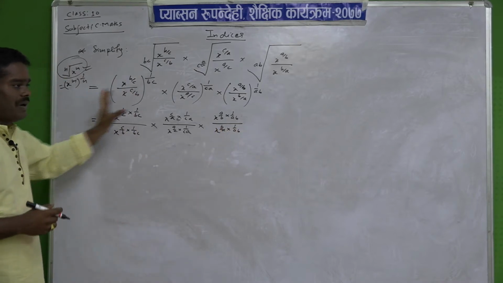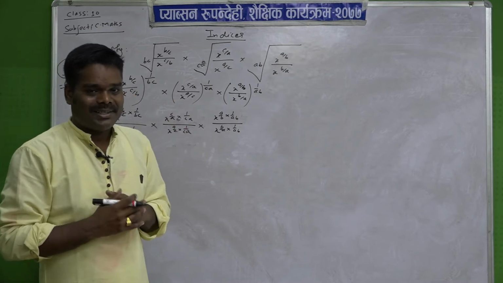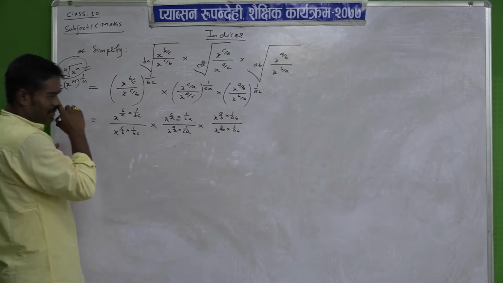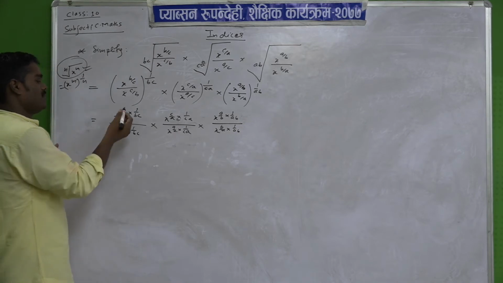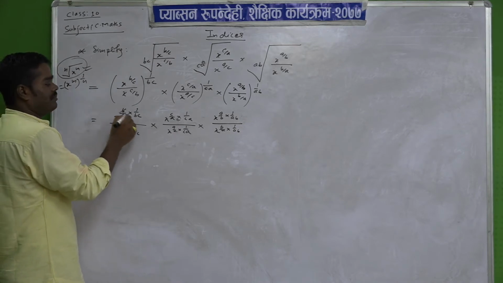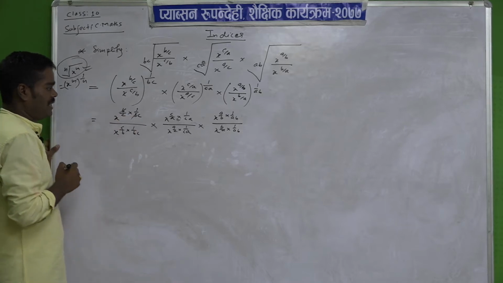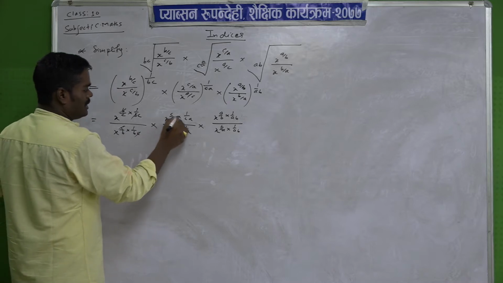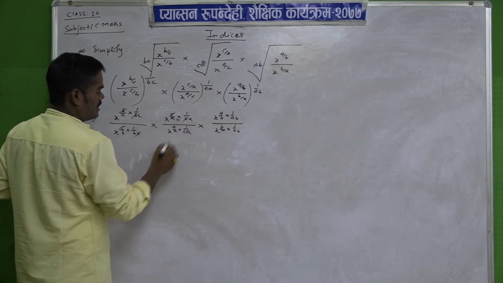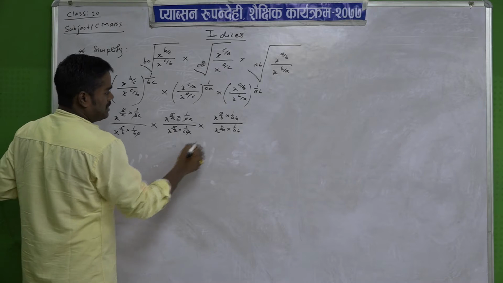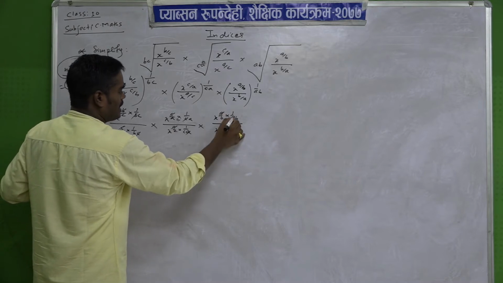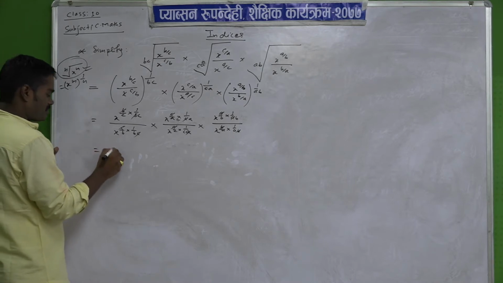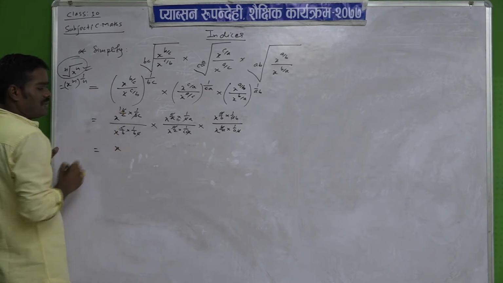Now if power over power, then they are multiplied. See, is there a common factor in the power? So cancel them. Here b and here is also b, so b and b we can cancel. Likewise c cancelled, c cancelled, a cancelled, and then a cancelled, b cancelled. What is left? So x, what is left here? 1.